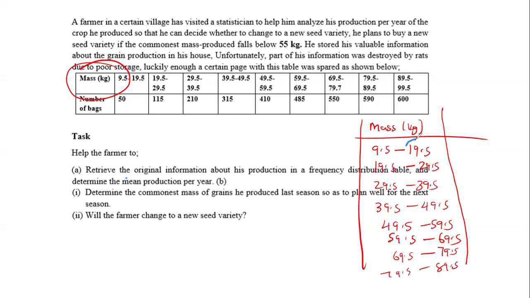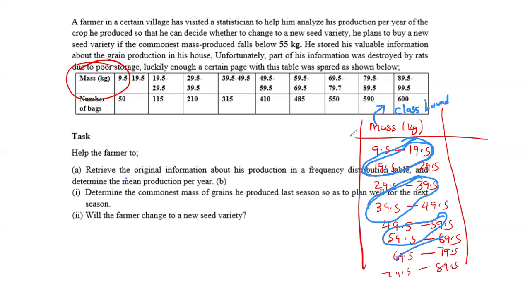The moment you look at your data and these two consecutive numbers are the same, here in the diagonal form, then that means they have given you your class boundary. The moment you see the 0.5, the 0.5.